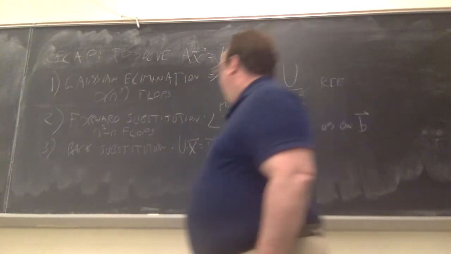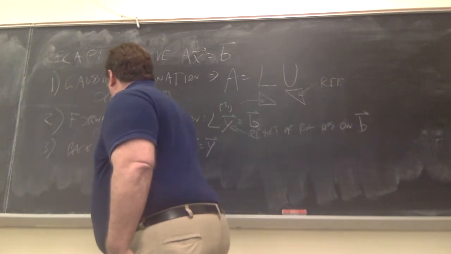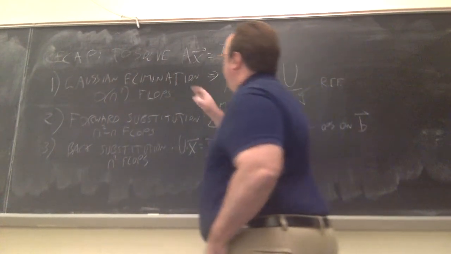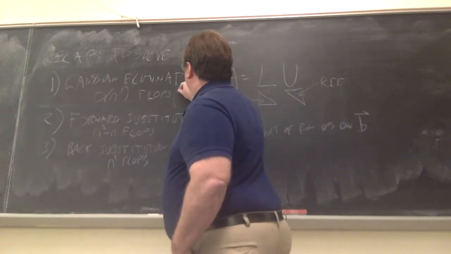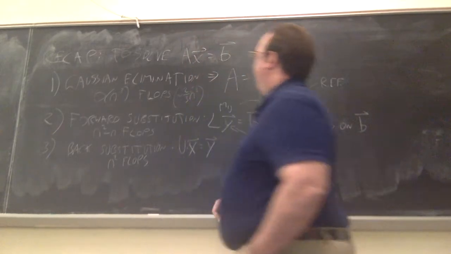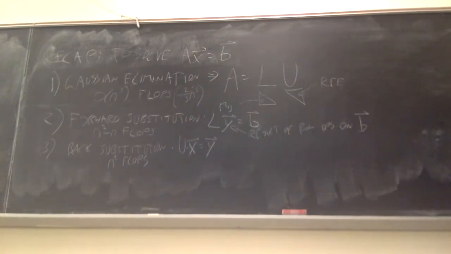And that takes n squared flops. Actually, I can be a little more specific about this. It's roughly 2/3 n cubed floating point operations, and that 2/3 is going to be important later on in this chapter. That's why I'll mention it now.